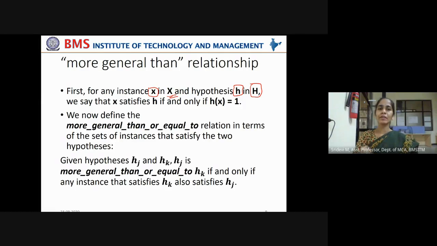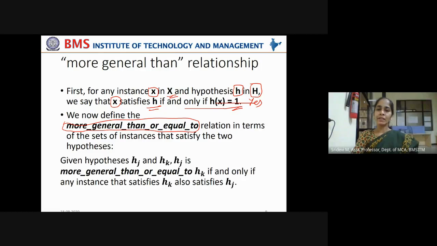We say that this particular instance satisfies H only if it predicts a positive value, only if it is in accordance with the concept. Got it?